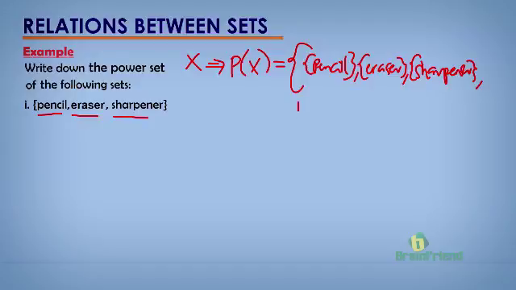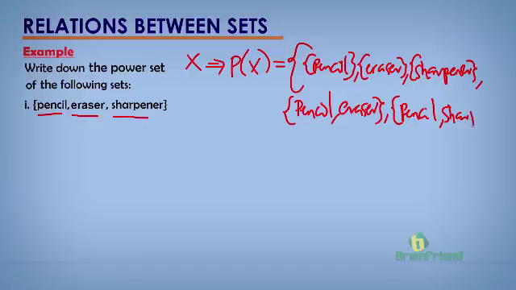if we took them in twos, we would have pencil and eraser. We also have pencil and sharpener. We would also have eraser and sharpener.